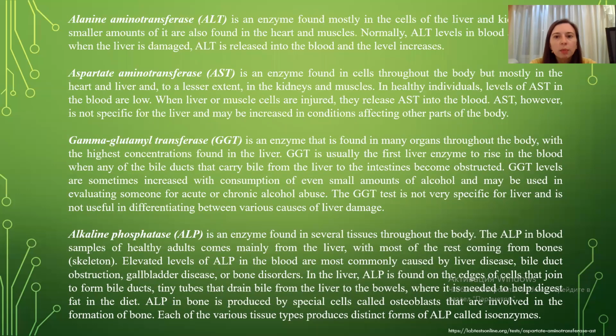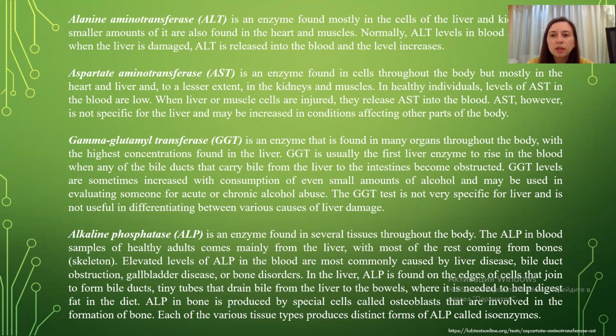So, alanine aminotransferase, ALT, it is an enzyme found mostly in the cells of the liver and kidney. Normally, ALT level in blood are low, but when the liver is damaged, ALT is released into the blood and level increases. Aspartate aminotransferase, AST, is an enzyme found in cells throughout the body, but mostly in the heart and liver, and to lesser extent in the kidney and muscles.